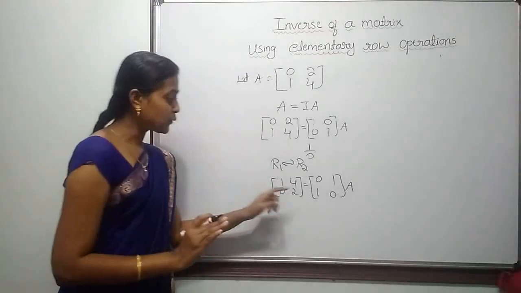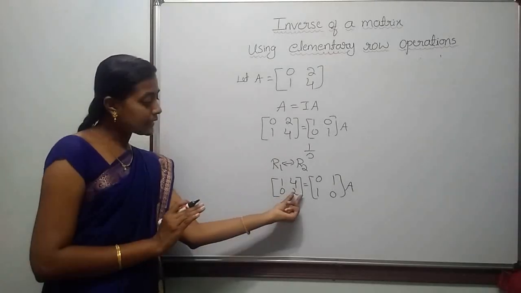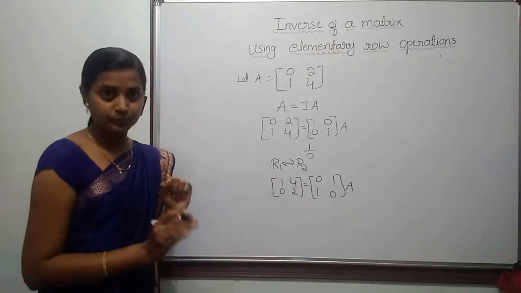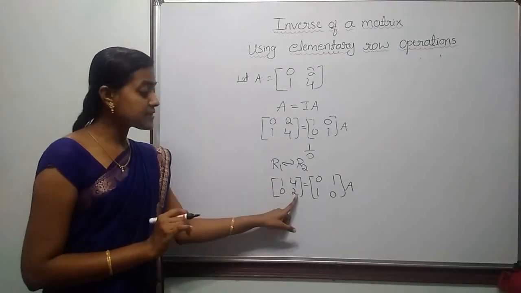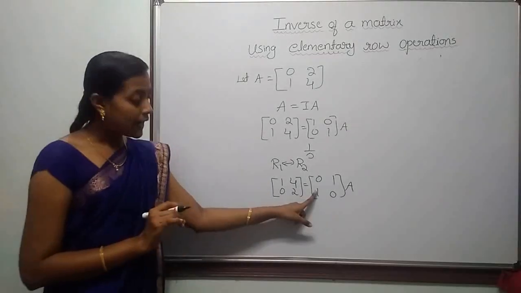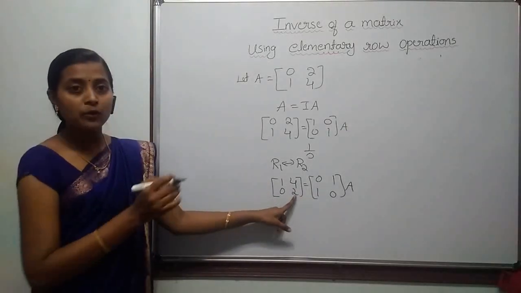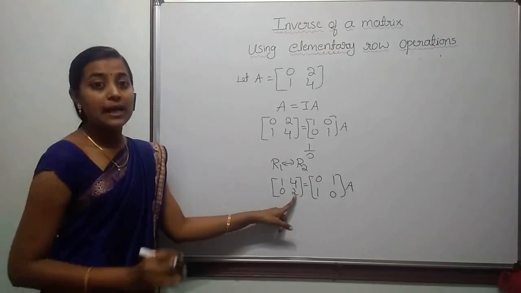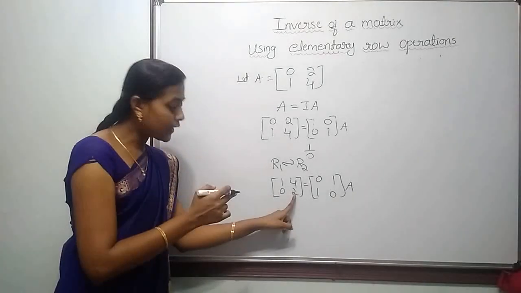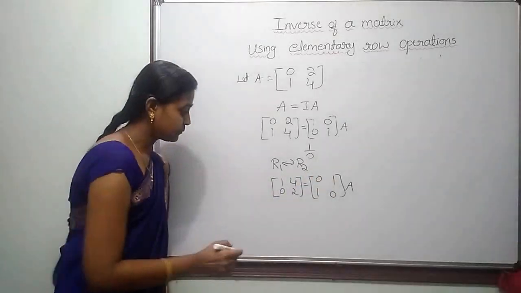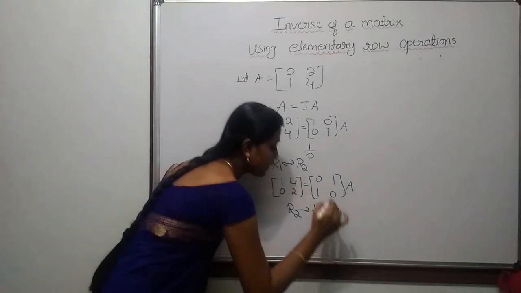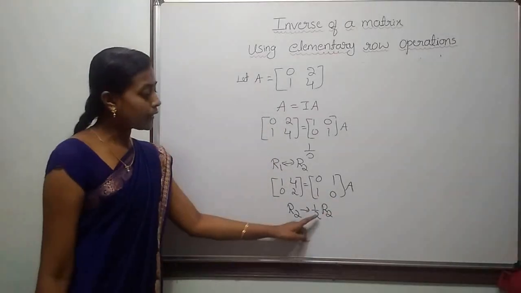Then we directly go to the third step, to make the element lying in second row, second column 1. We know that to reduce this element to 1, we multiply this particular row by the reciprocal of the value of this element. Reciprocal of 2 is 1 by 2. Multiply 1 by 2 to the second row. R2 changes to 1 by 2 into R2.